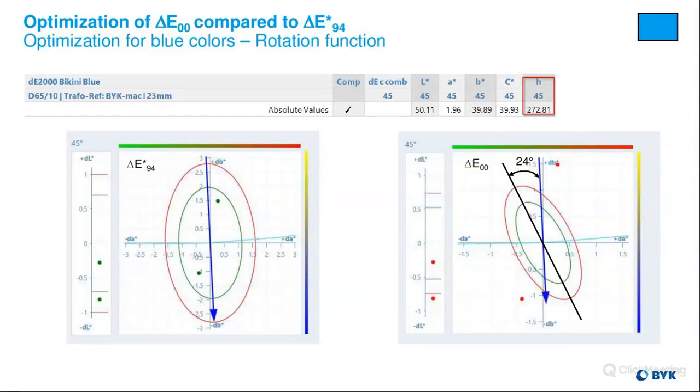If you have no blue colors, then I guess you could use delta E94 or delta E2000. But if you have a lot of blue colors, you really want to make sure that you're using the color equation that best represents this. And we have seen this in the industry where we look at some delta E94 measurements versus delta E2000.